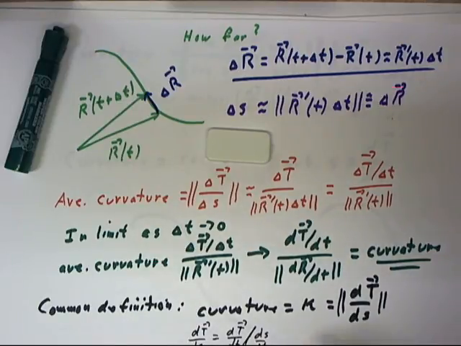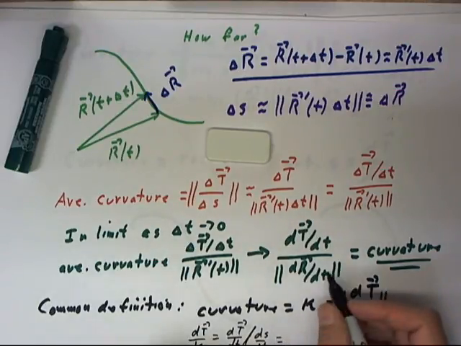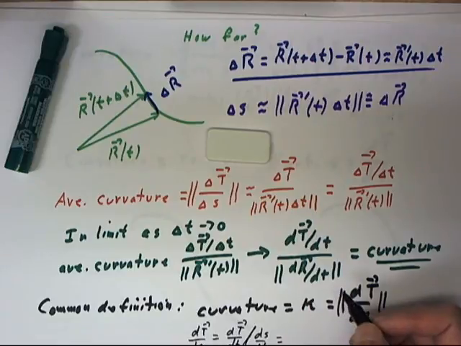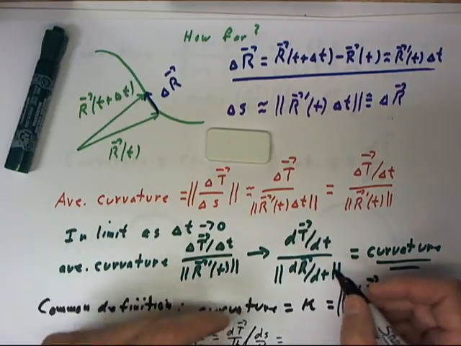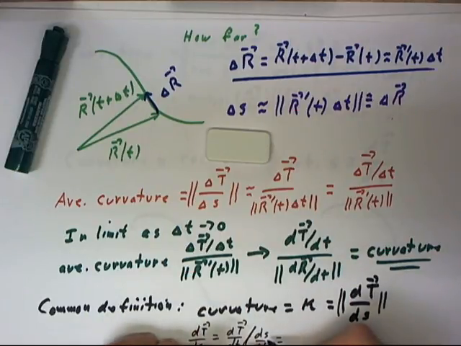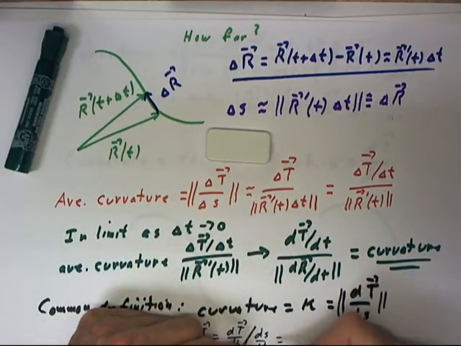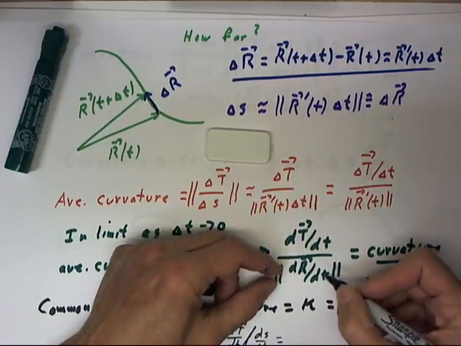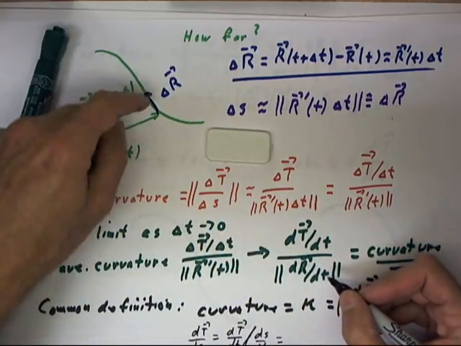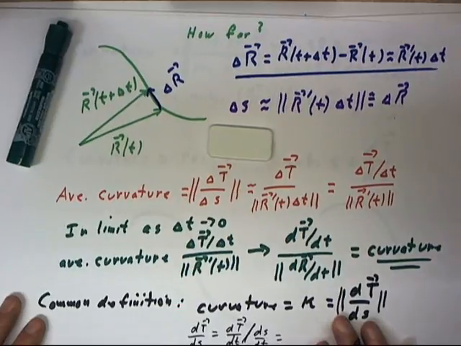But of course, ds/dt is nothing but the magnitude of dr/dt, since the change in position is just position changes at a rate that's equal to the magnitude of the rate at which the r vector changes, according to what we have here.